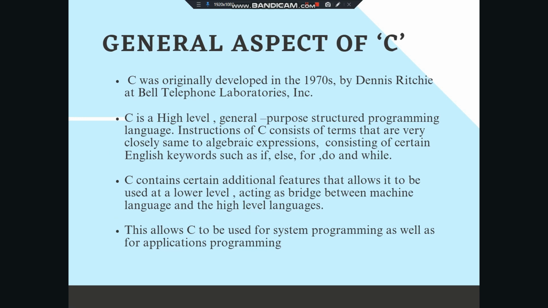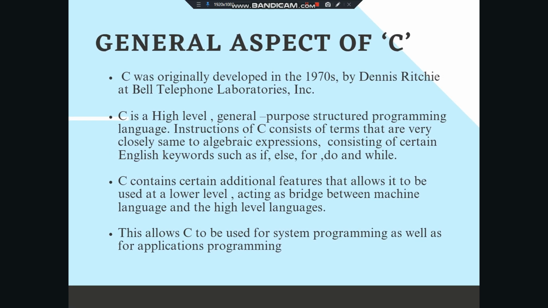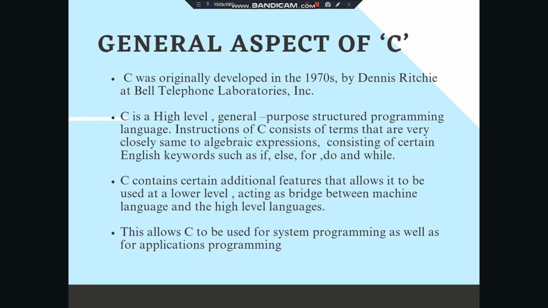Here we can see the general aspects of C. C was originally developed in the 1970s by Dennis Ritchie at Bell Telephone Laboratories Inc. C is a high-level, general-purpose structured programming language.